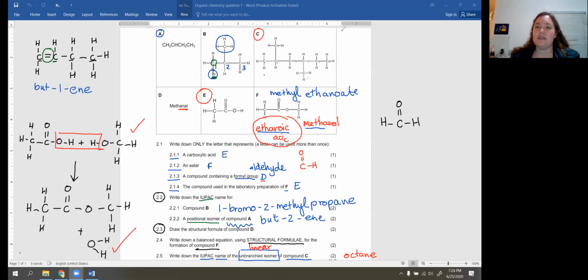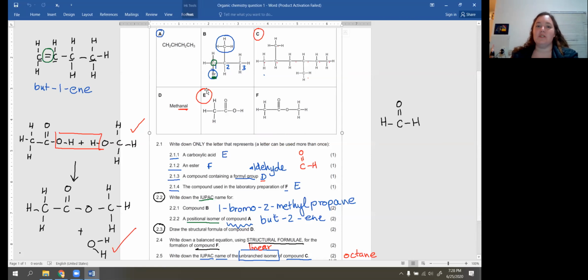The other section that I just glossed over slightly in the last lesson was the idea of functional isomers. With the idea of functional isomers, we're going to be talking about how we can make a functional isomer of 2 different substances. So if I were to start with this E here, it is a carboxylic acid.